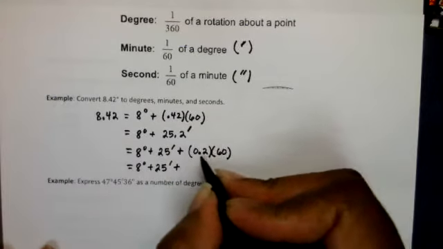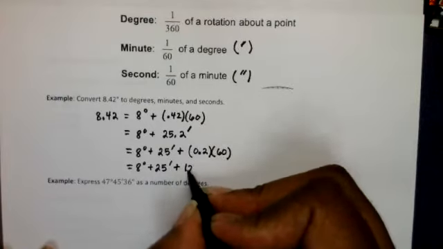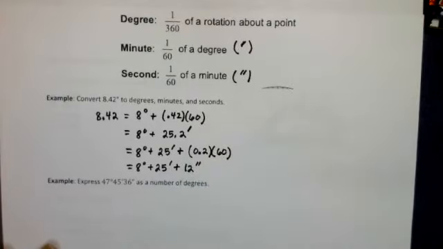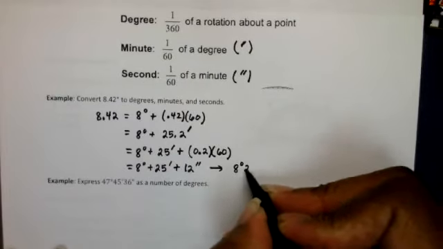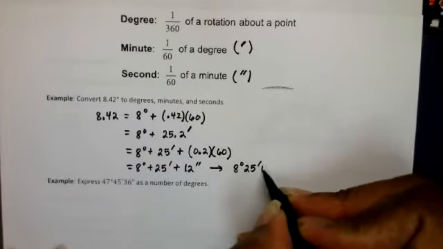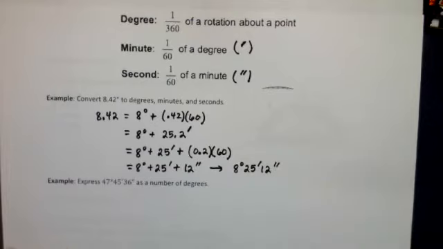So I'm going to bring this down. 0.2 times 60 would be 12, and that would be 12 seconds. So the way I'm going to write that in degrees, minutes, and seconds would be this: 8 degrees, 25 minutes, 12 seconds. That's how I convert that to degrees, minutes, and seconds.